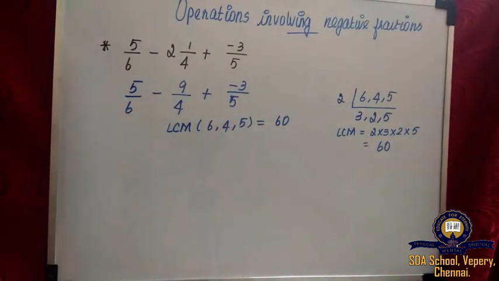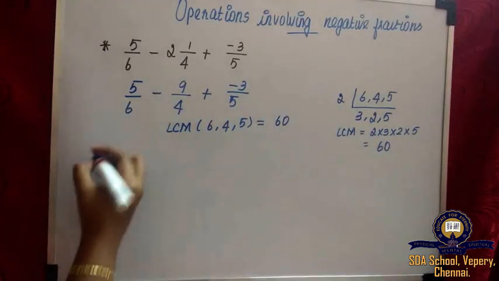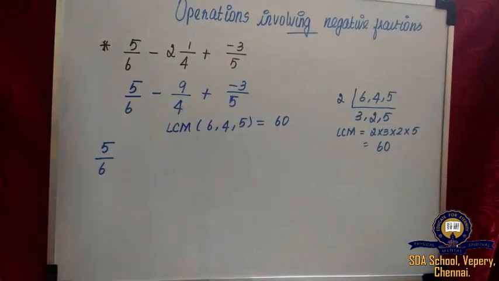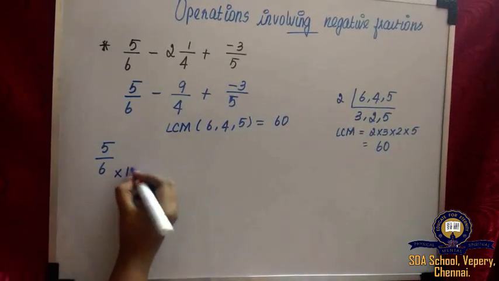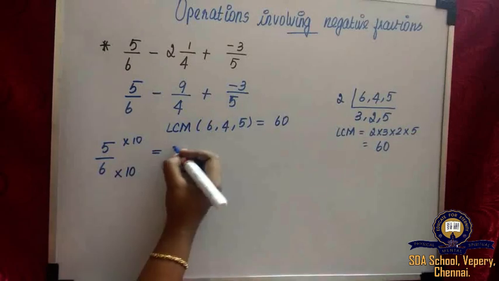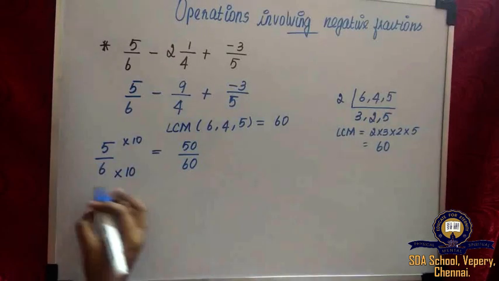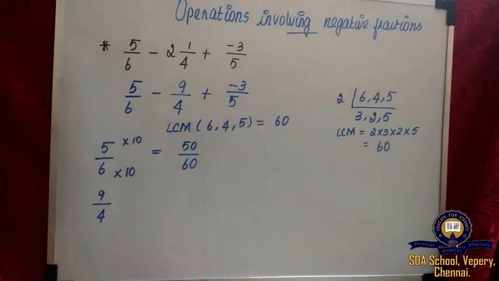Now, we need to multiply each fraction's numerator and denominator by 60 divided by the denominator. So, the first fraction is 5 by 6. So, 60 divided by 6 is equal to 10. So, we need to multiply the numerator and denominator by 10. So, 5 tens are 50 by 6 tens are 60. Next is 9 by 4. 60 divided by 4 is equal to 15.